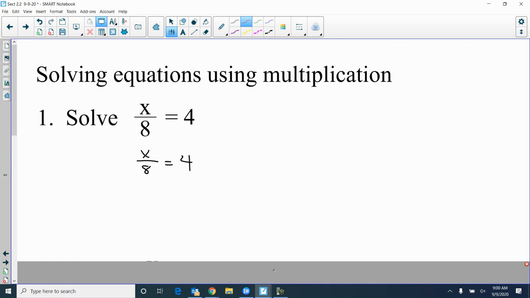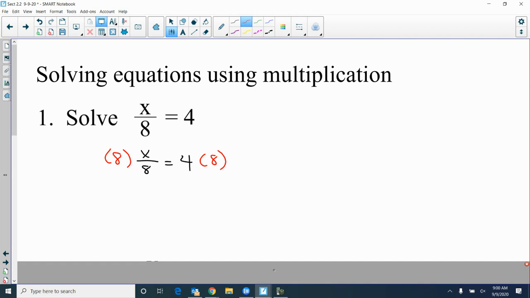So to show that, you just put the 8 beside it and put it in parentheses. What is 8 times x over 8 equal? Now that's really the same as 8 times 1/8. And really what happens is you multiply across and you get 8 over 8, which is just what?